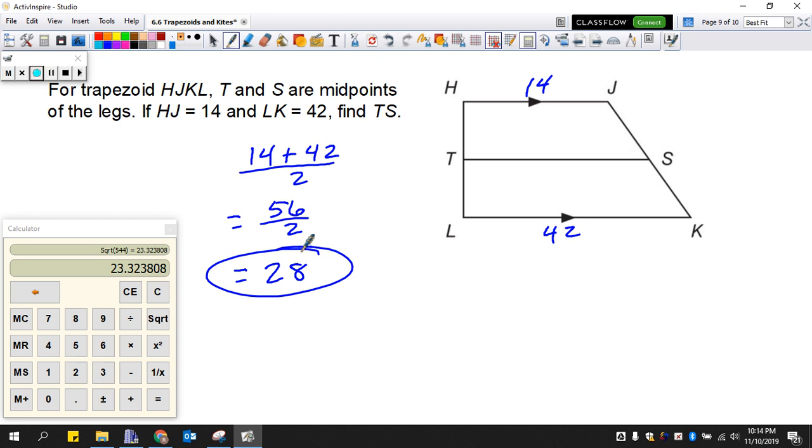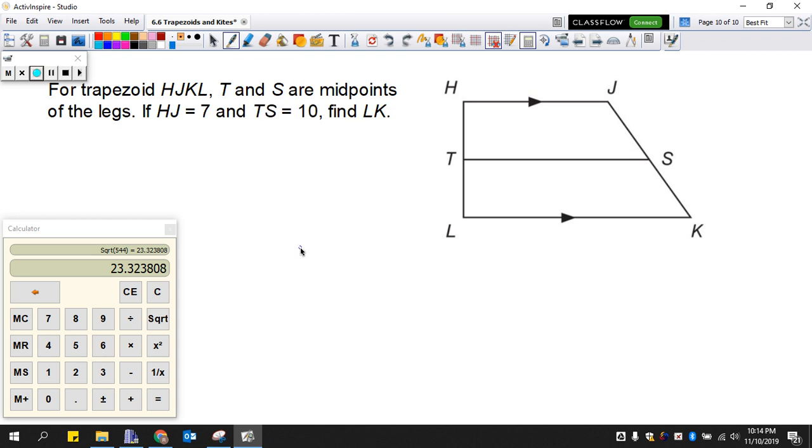Now suppose on this last one that we're given the length of the mid-segment. TS is 10, so this is 10, and HJ is 7. So we're going to say 7 plus X divided by 2 is equal to 10.